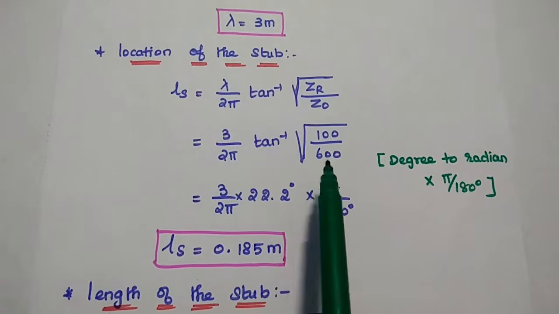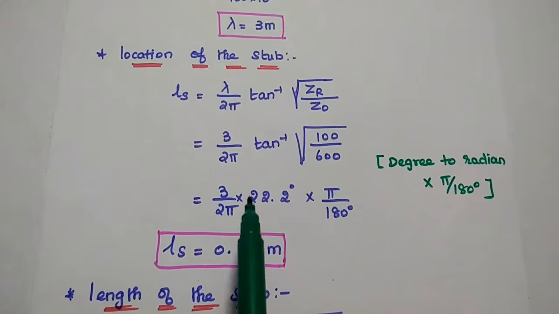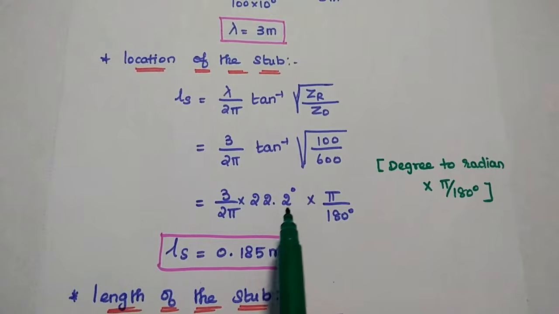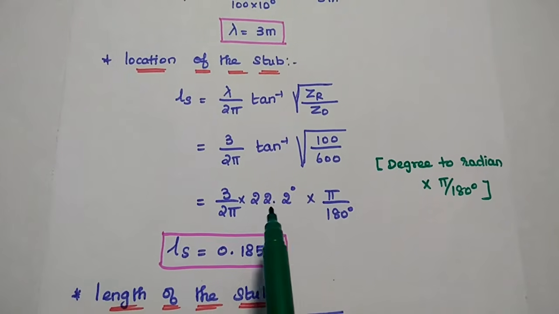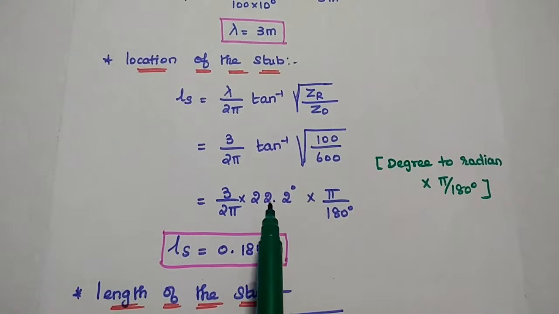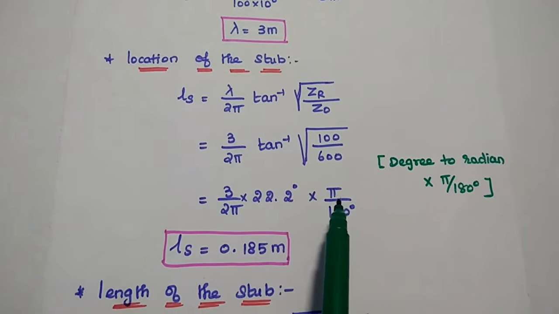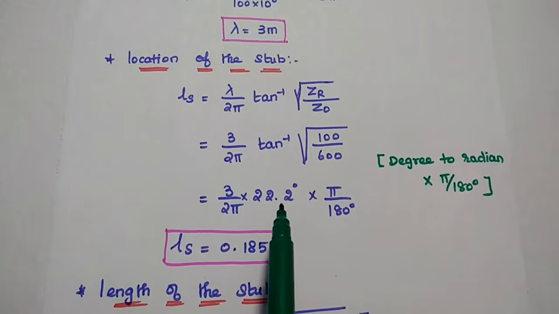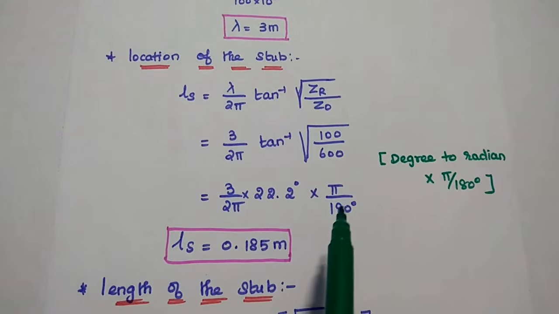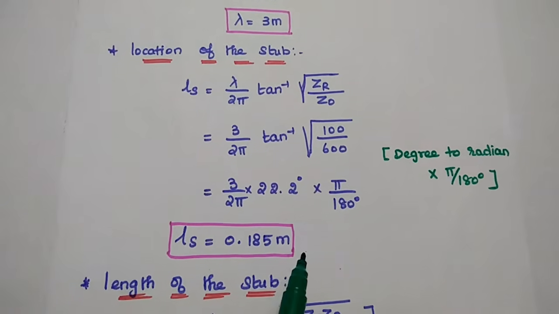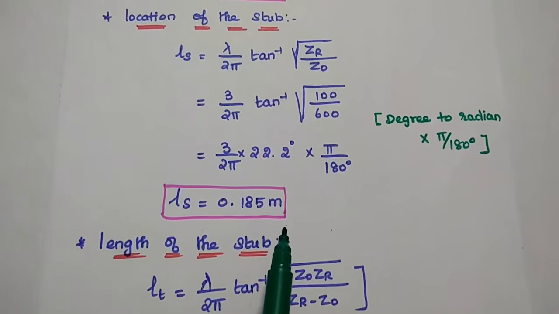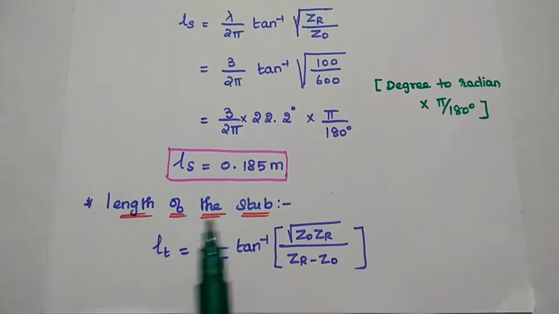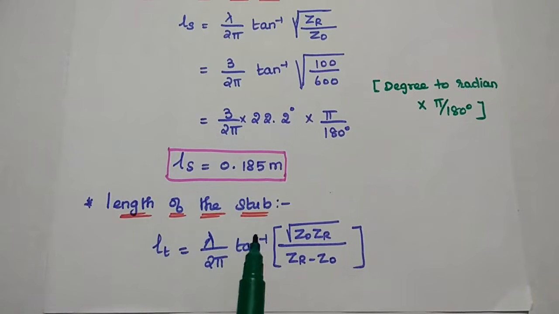So tan inverse of square root of 1 by 6, its value is 22.2 degree. So here we are going to find out the location, correct? In that case we have to convert this degree into radian. For that we can multiply the degree with the value pi by 180 degree. Then we can get the location of the stub as 0.185 meter.